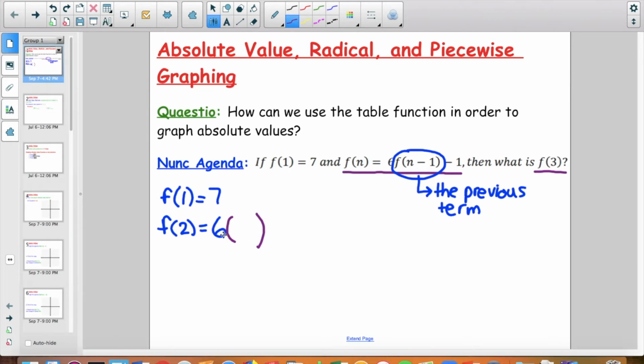The previous term is the term before, and the term before here is 7. So 7 is going to go in that parenthesis. So 6 times 7 minus 1.